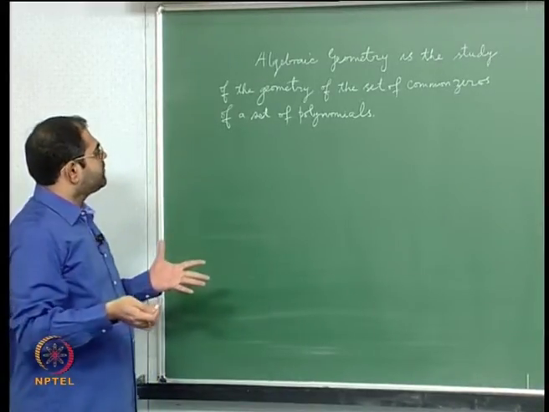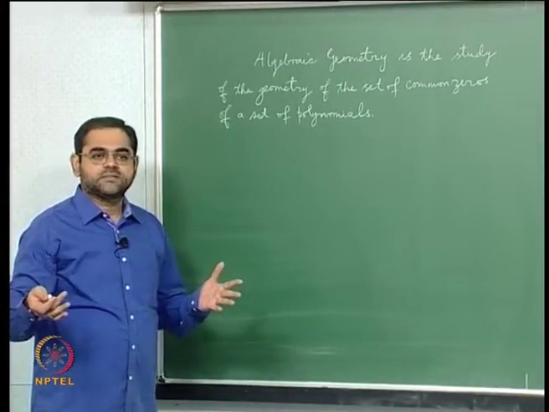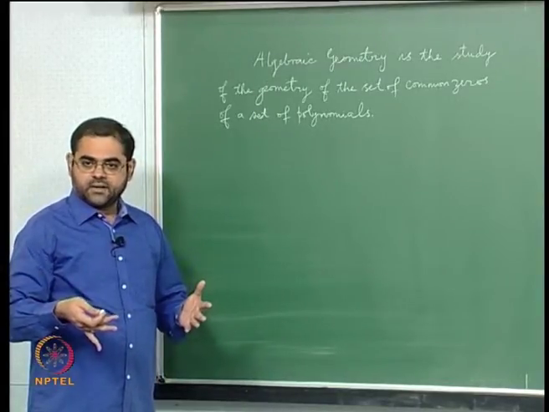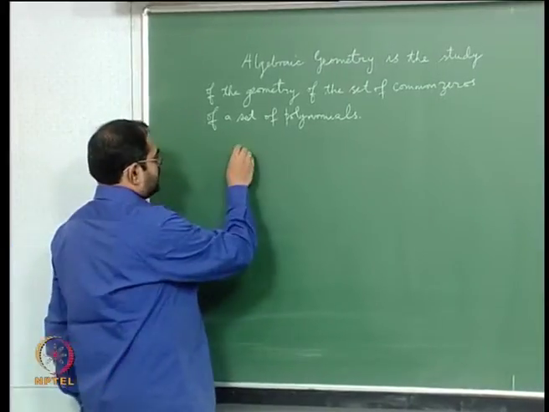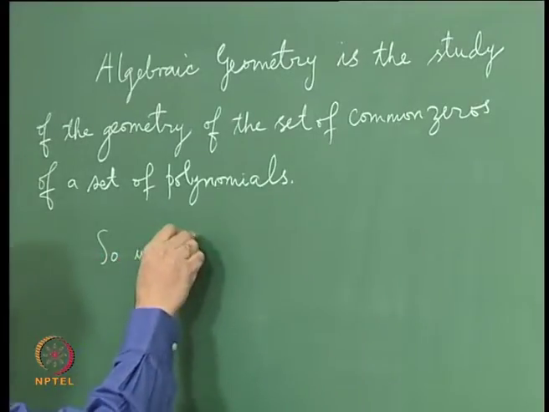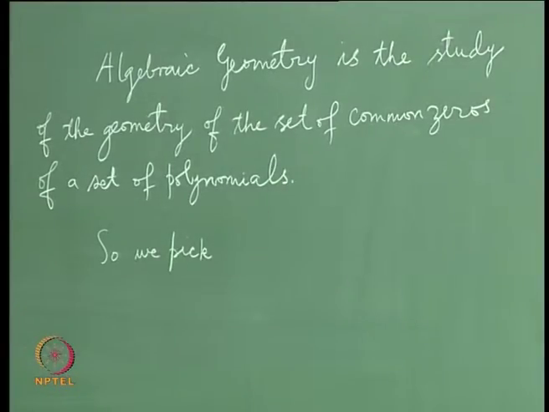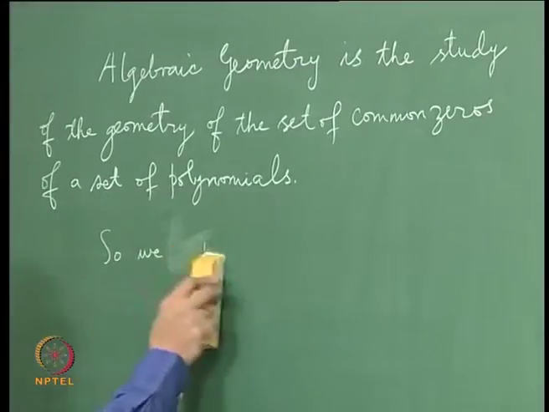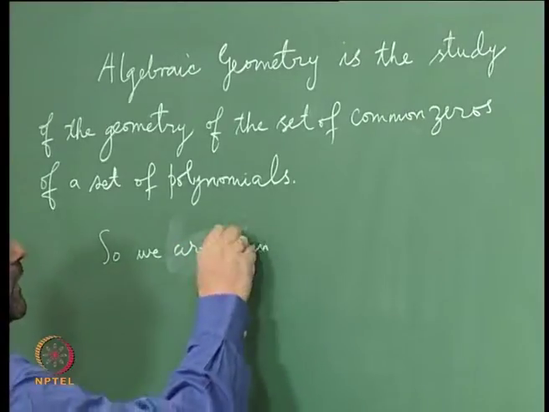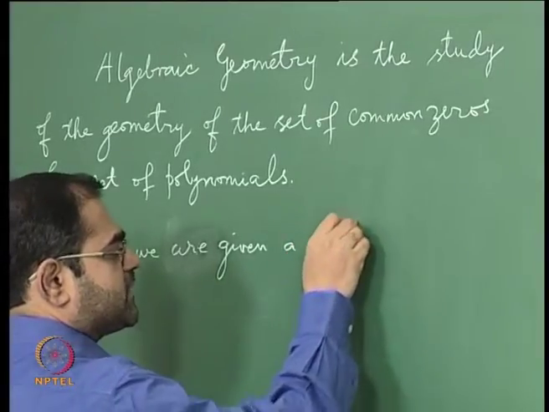Okay, so what is happening is that in this way the ring of polynomials in several variables over a given ring comes into the picture. So you see, what you do is, or rather we are given, I should not say we pick, we are given a collection of polynomials, let me say a subset of polynomials.